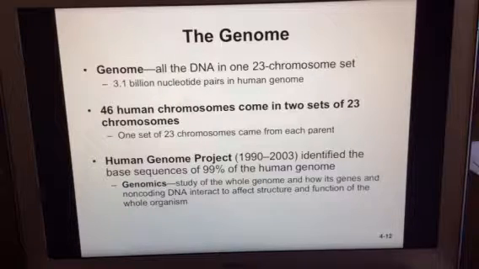Of those 46 chromosomes, 23 came from your mom, 23 came from your dad. And when you make sex cells, which we will talk about in a few more videos from now, each of those cells will only have 23 chromosomes. It did take scientists about 13 years to figure out all of our base pairs, and that is all sequenced out, and then that information is used to identify mutations as the source of lots of different diseases and disorders that we see.